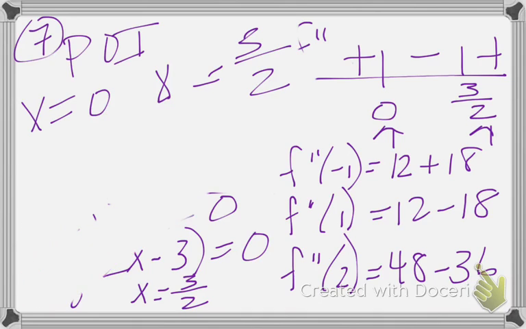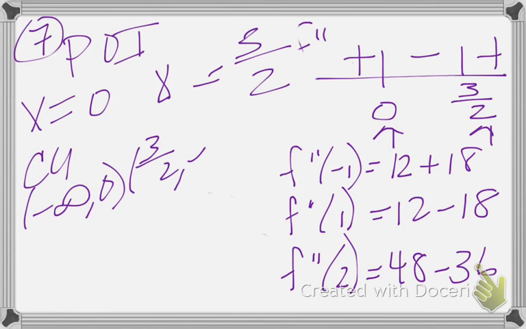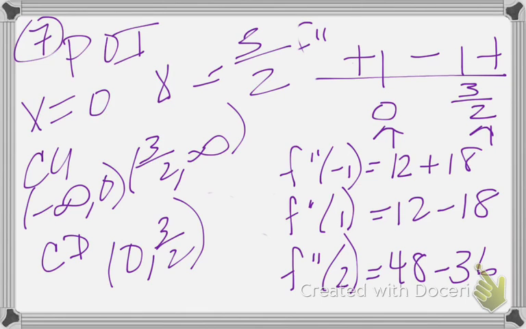And then we have to find concavity: it's concave up from negative infinity to 0 and then from 3/2 to infinity. And we can say it's concave down from 0 to 3/2. Okay, and that finishes the practice test.